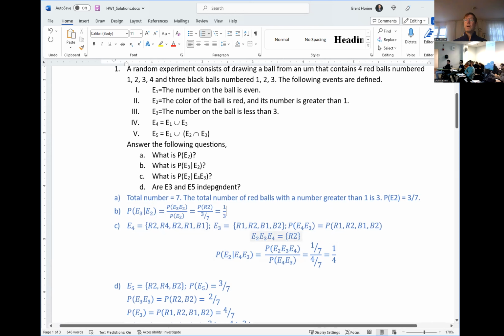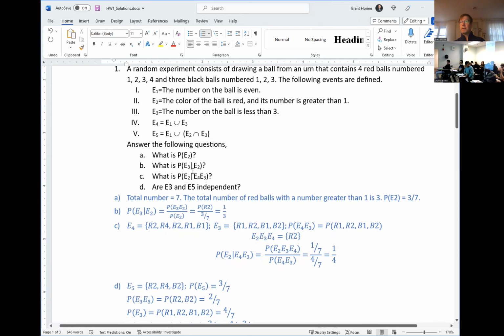And now you can look at how we calculate this conditional. Well, we put the intersection of all the events, the probability of all the events up top occurring, and that's E3 and E4, right?